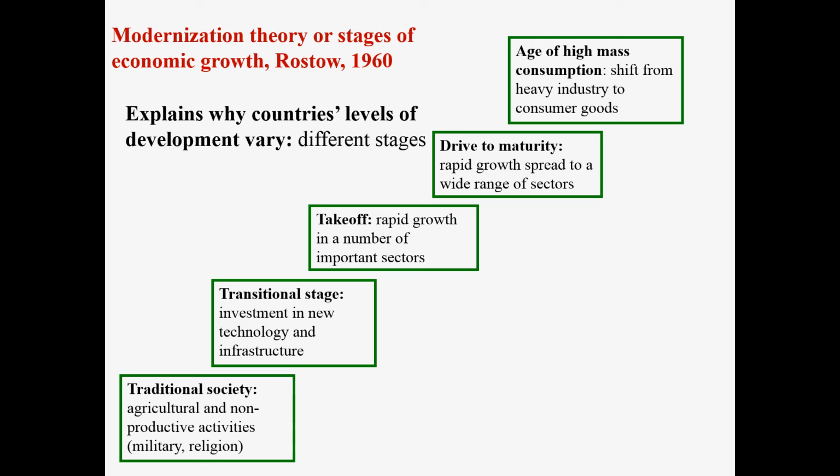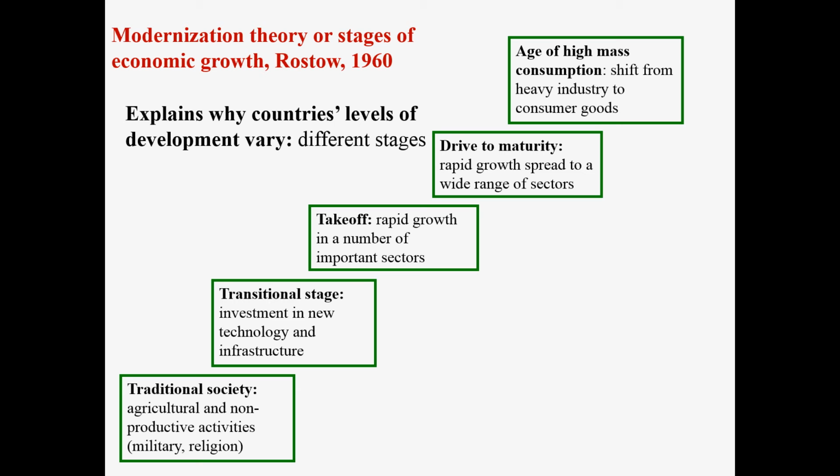So it's not just a small number of industries that enjoy fast growth anymore. You have many other industries also start to grow very rapidly. That creates a lot of employment opportunity for the entire population.